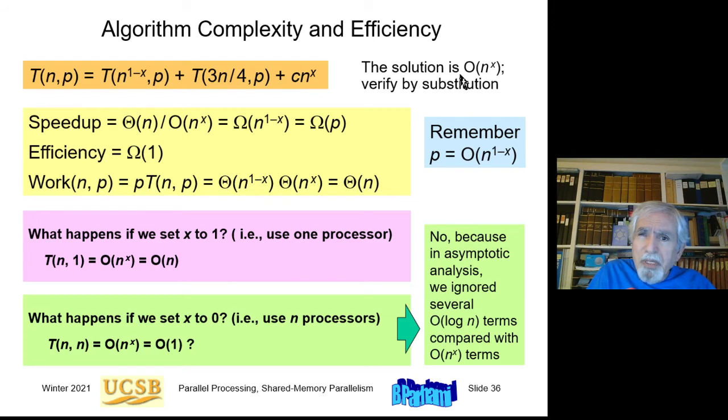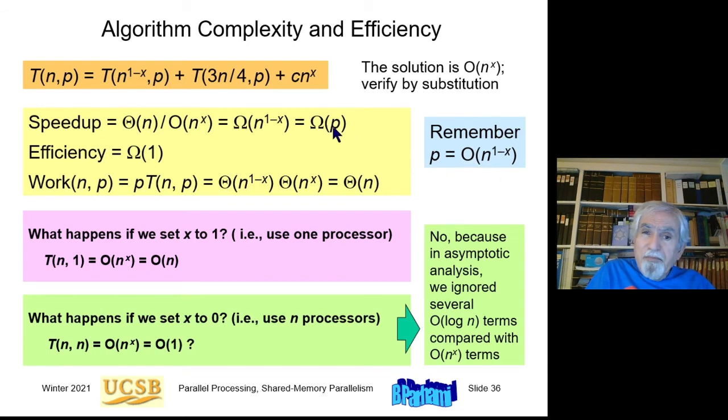The solution to this recurrence is order n^x. Therefore, the speedup is theta n, which is the sequential selection algorithm, divided by this, which is the parallel selection time. And the ratio of these two is omega n^(1-x), which is omega of the number of processors. Remember, the number of processors is order n^(1-x).